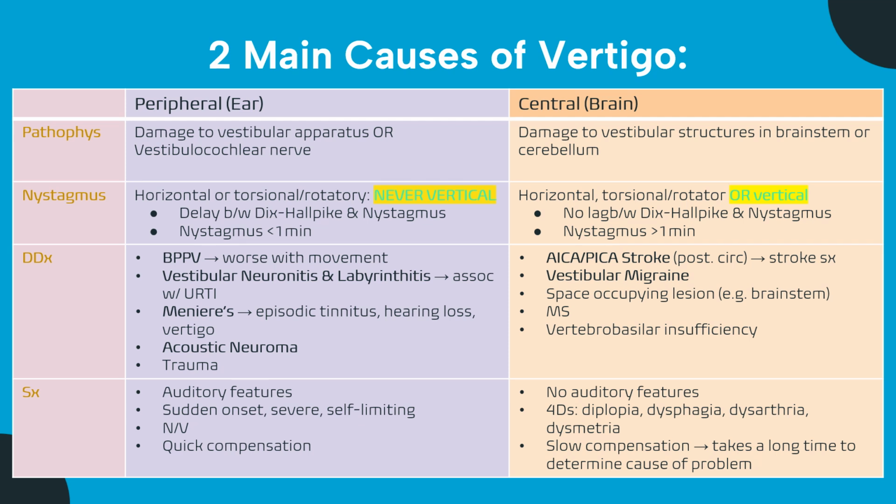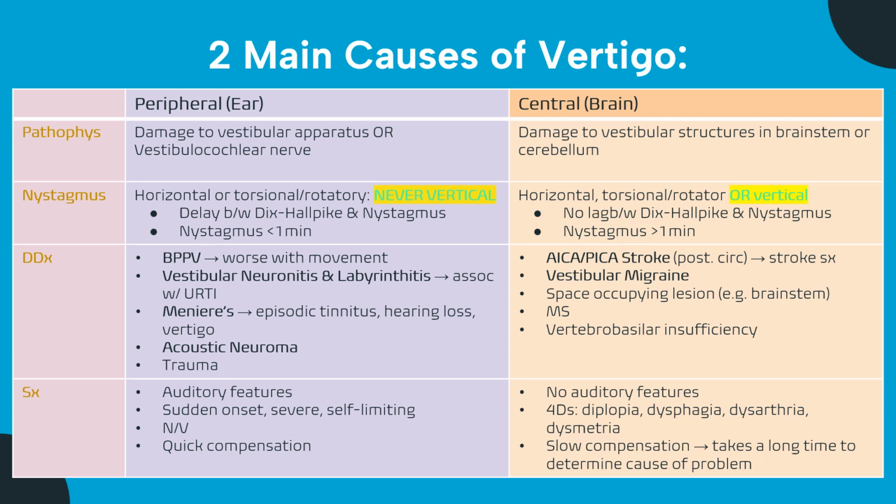Vertiginous migraine, so it's a migraine that also has symptoms of vertigo along with it, as well as the other migraine signs like aura and nausea, vomiting. Space occupying lesion, for example, a tumor in your brainstem. Multiple sclerosis as well, good to think about. It's not common, but it's something to exclude. Vertebrobasilar insufficiency, also less common, but important to exclude.